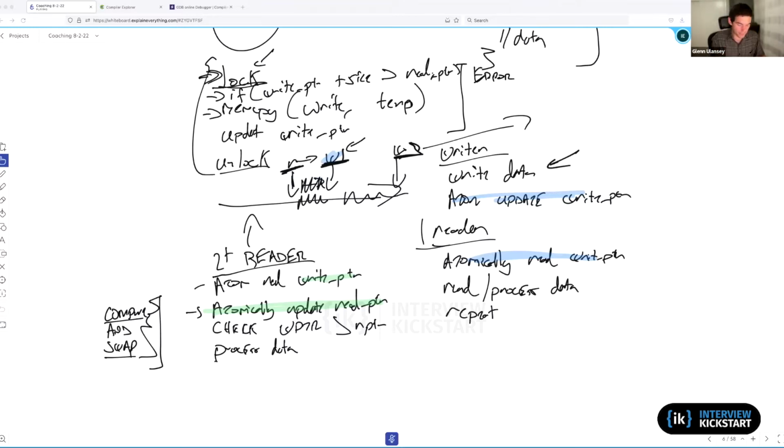But from the writer's perspective, they need to know at what point they can start writing data, which might be different from the reader's notion of where data has been written to. So similar problem, similar solution, can be solved with atomics, and that's all she wrote.